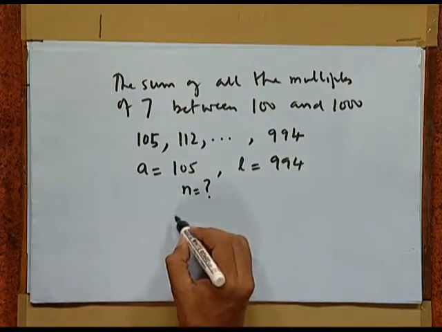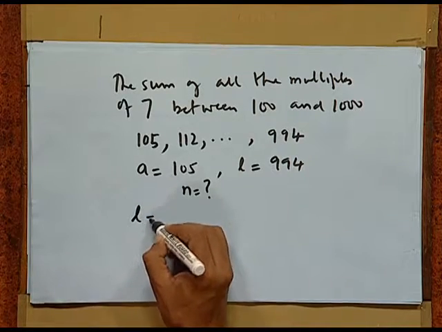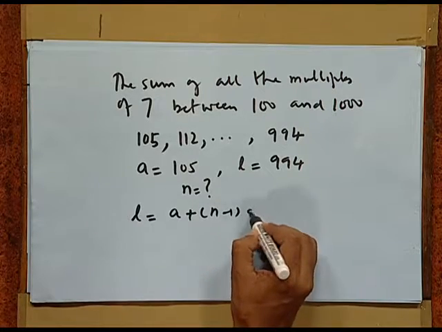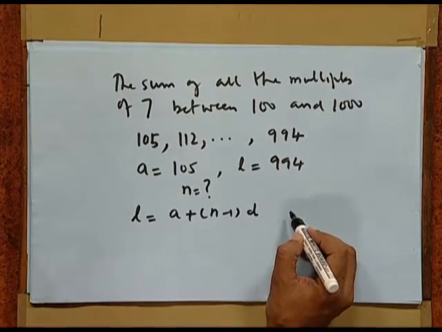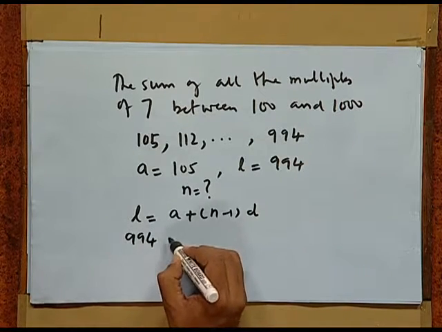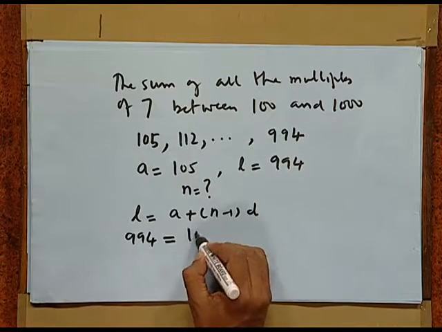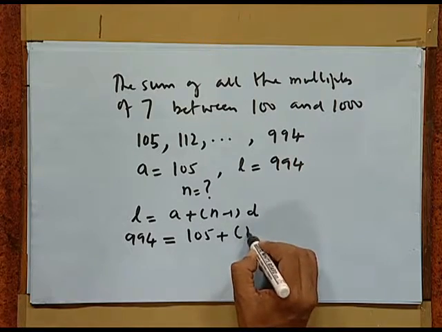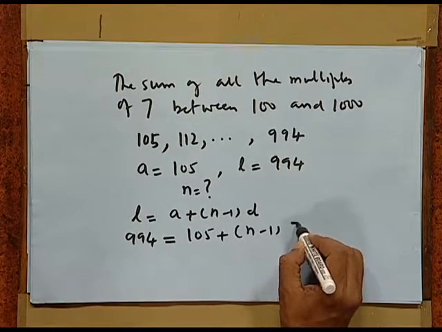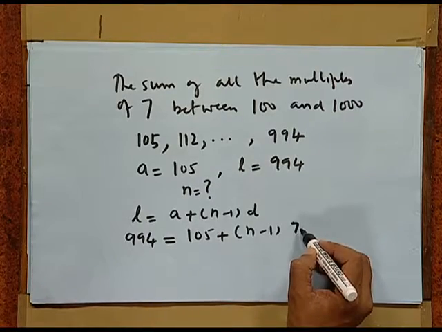Then we note that the last term is merely a plus n minus 1 d. Hence, we have 994 equals 105 plus n minus 1 times 7, which is d.